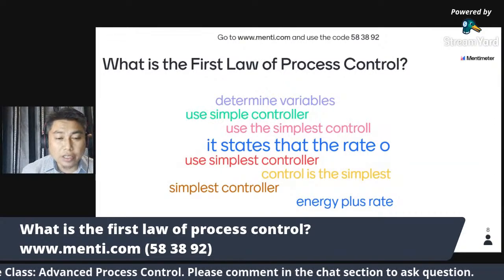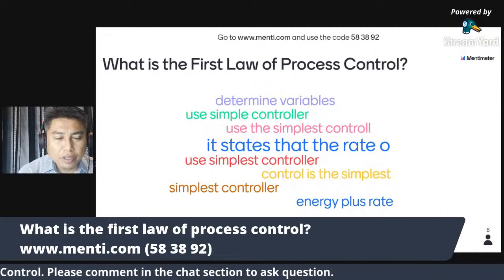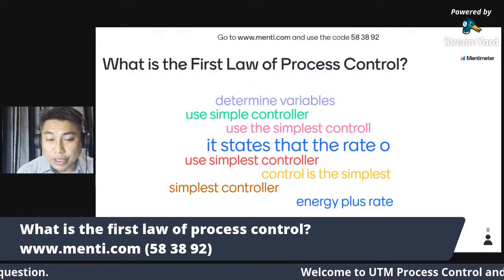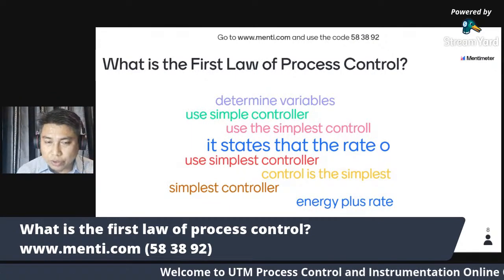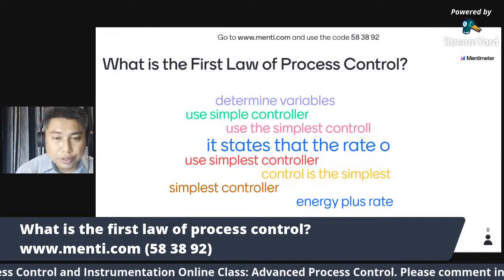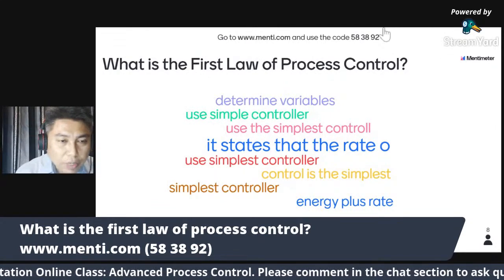But usually in industry, the simplest automated controller is a feedback controller. So remember, this is the first law of process control: use the simplest controller that can do the job. All right, let's go back to our slide.